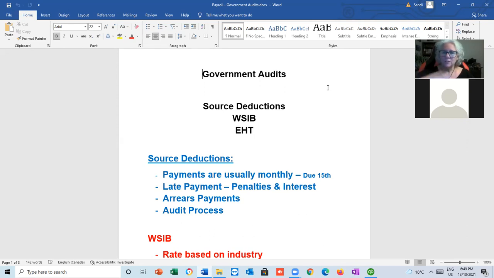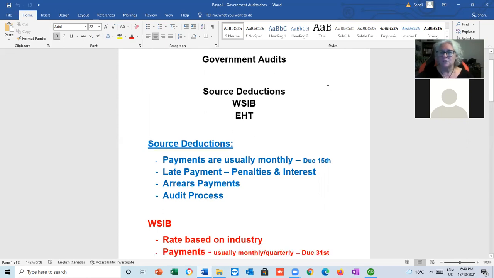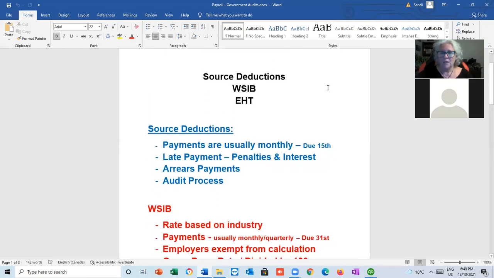So source deductions, if we talk monthly, are due on the 15th. If you go online to your bank and you decide to pay your source deductions on the 15th, it gets moved over to the 16th and you're going to pay late penalties and interest.